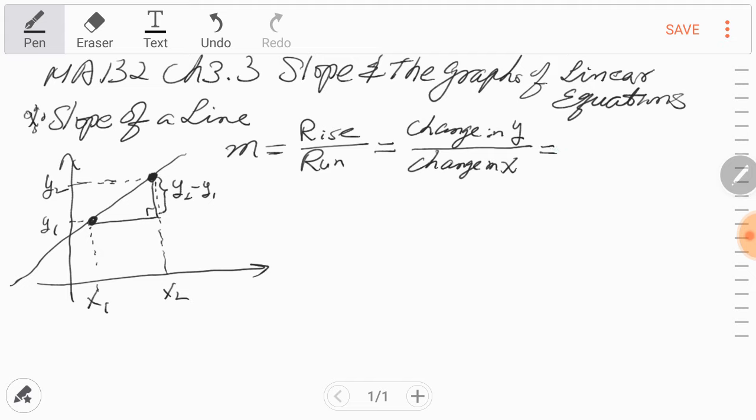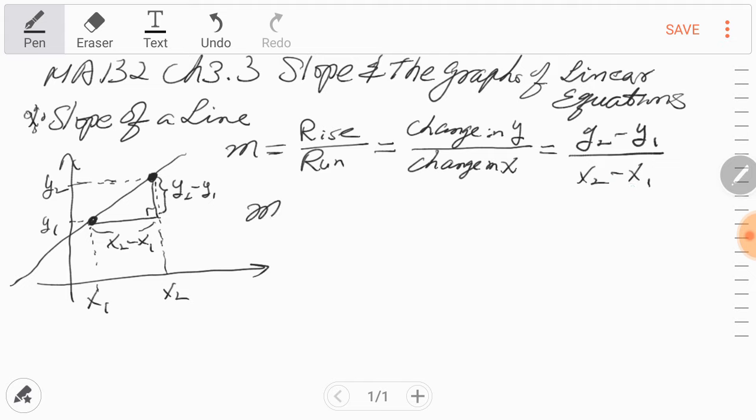So the change in y is the vertical distance, y2 minus y1, over the change in x, which is the horizontal distance, x2 minus x1. So this is the slope.